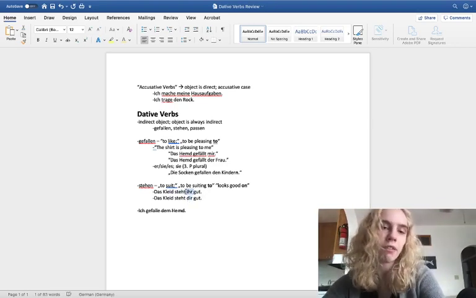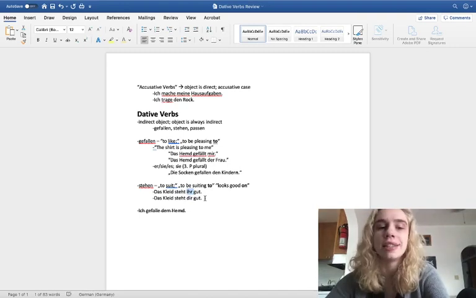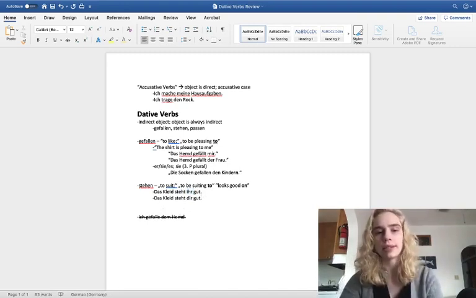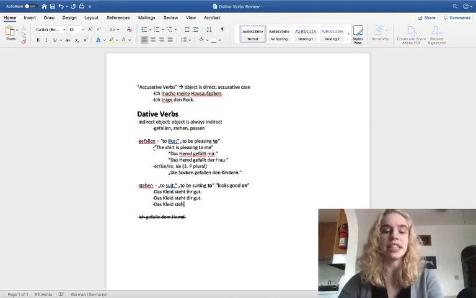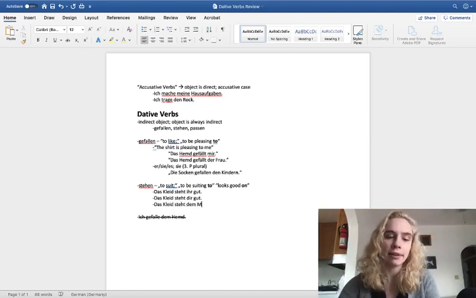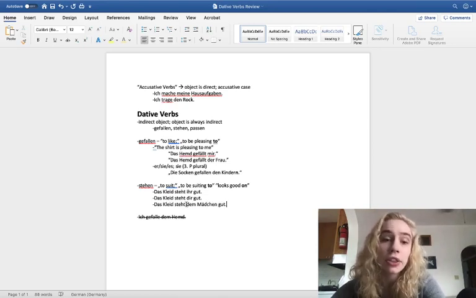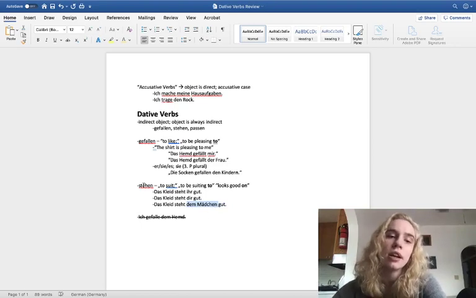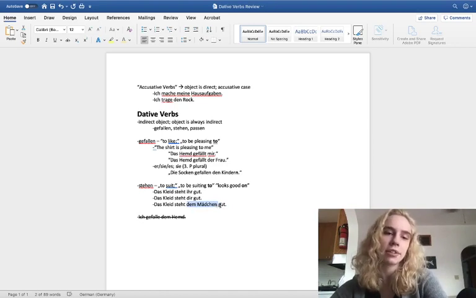Ihr is the dative form that we're using for the singular sie, she. Could say, das Kleid steht dem Mädchen gut. So it looks good on the girl. It suits her, or it is suiting to her. So we're treating this as an indirect object, and it's going to be in the dative case.